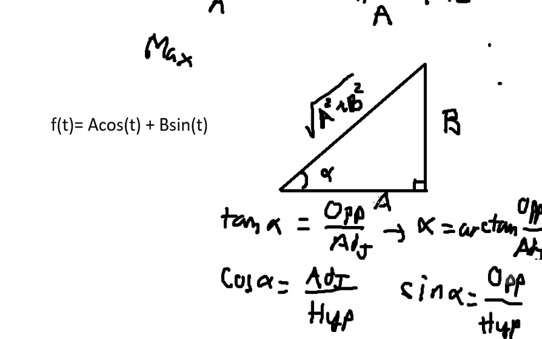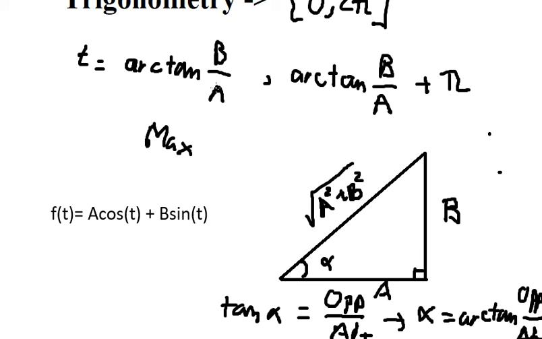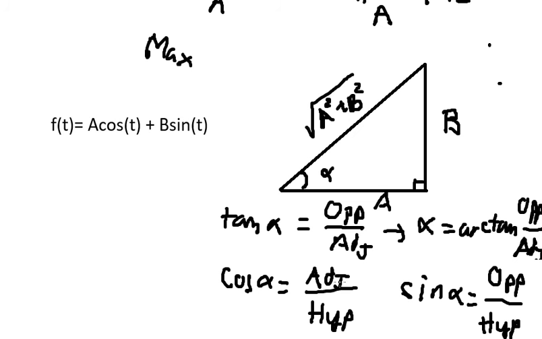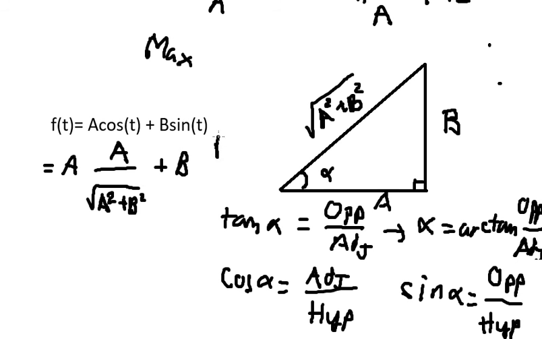That means if we put arctan b over a into cosine in here, we will have adjacent, that is a, over the hypotenuse, that is the square root of a square plus b square. For the next one, we have opposite, that is b over the square root of a square plus b square.